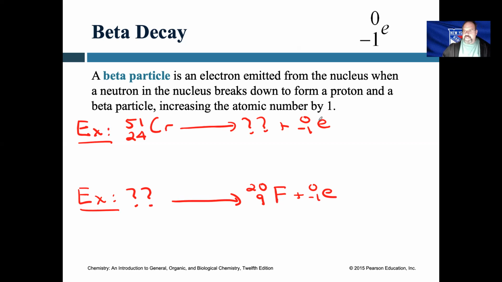And if you look at the atomic symbol for an electron or a beta particle, it has a mass number of 0 as well. However, what's going to happen, and this is a little bit tricky sometimes, is that the atomic number is actually going to go up by 1, because essentially your number of protons is increasing by 1. And the way we reflect that is in terms of the beta particle, the electron, having a -1 atomic number.